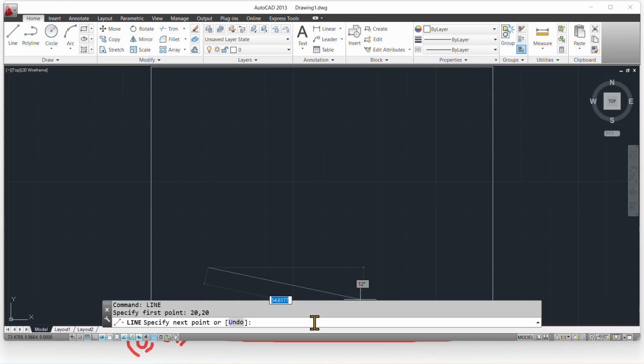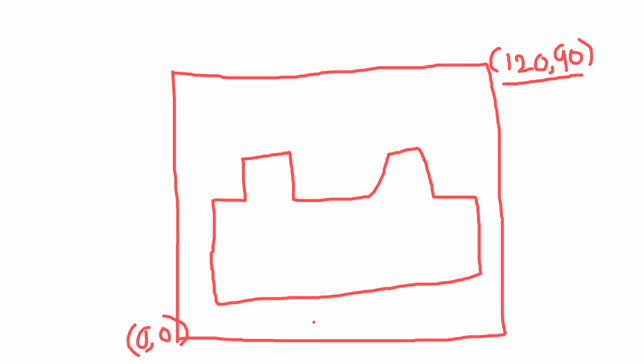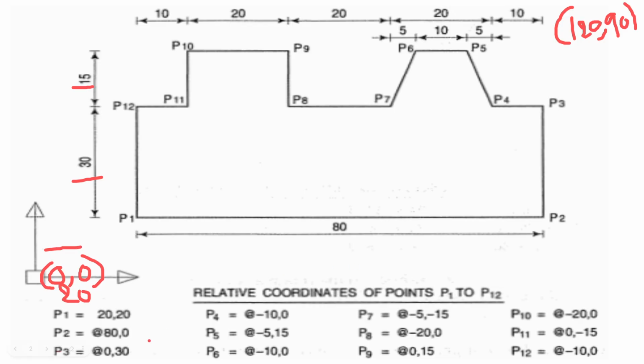Then it is asking for the next point. The next point P2 is @80,0. That is nothing but P2 is at a distance of 80 along the x-axis, and along the y-axis it is 0. So P2 coordinates are 80 comma 0.